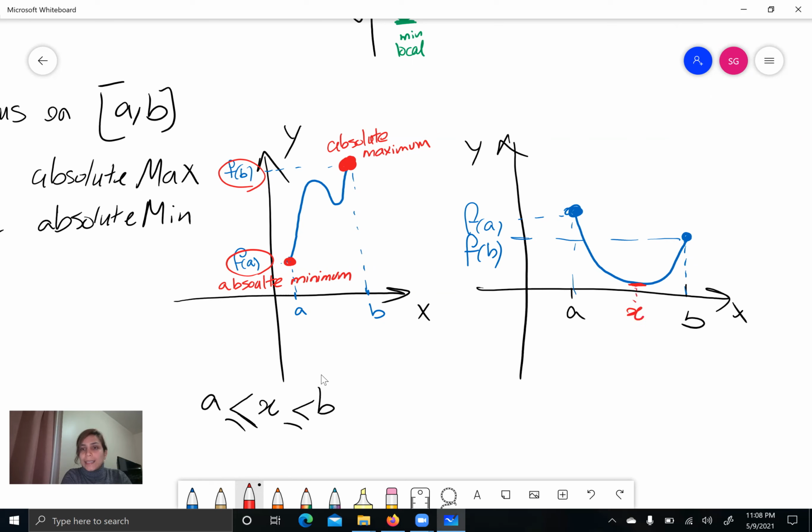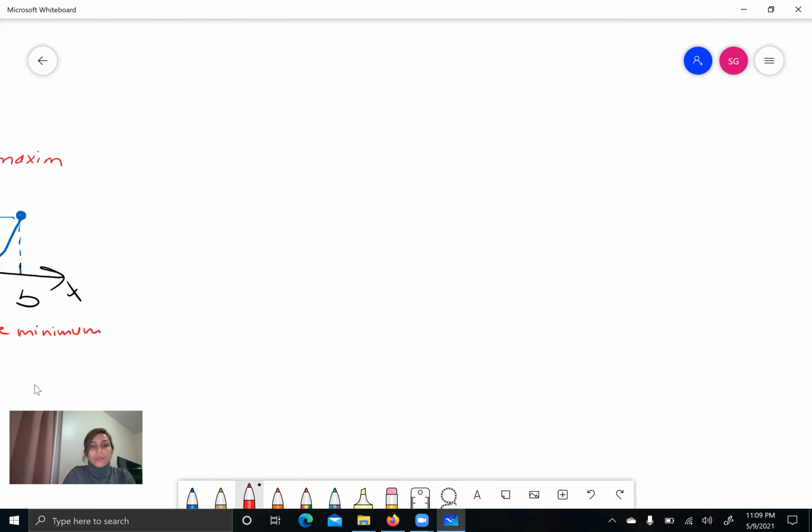So whatever this height is, that's going to be the absolute minimum. This is the case that the absolute minimum is neither A nor B. And the absolute maximum is right here, at f of A. So the absolute maximum is at the endpoint A, but the absolute minimum is somewhere in between.